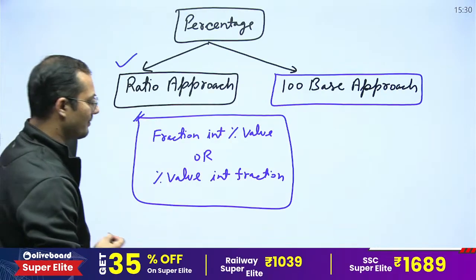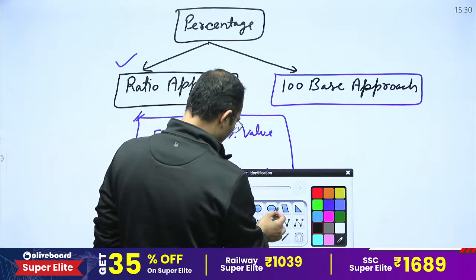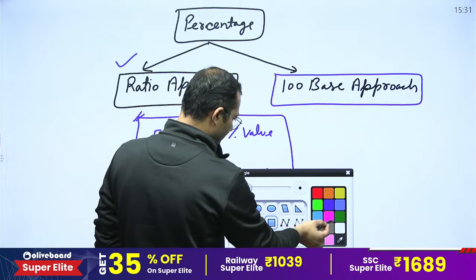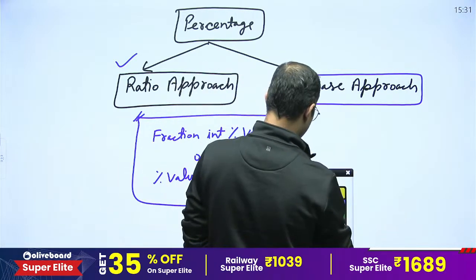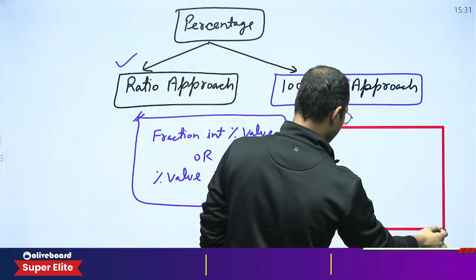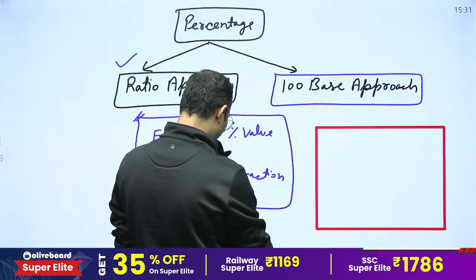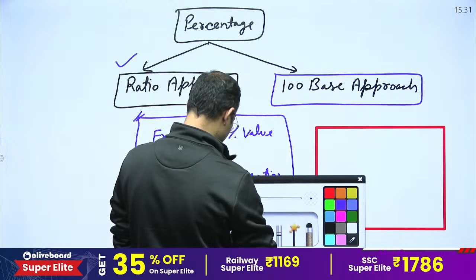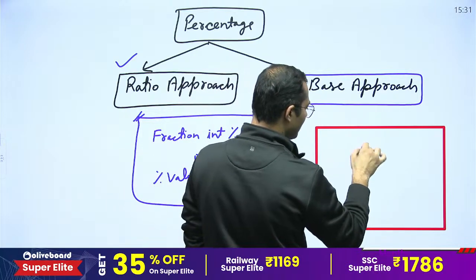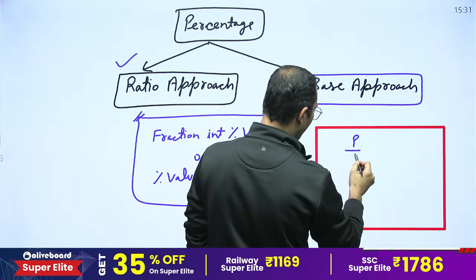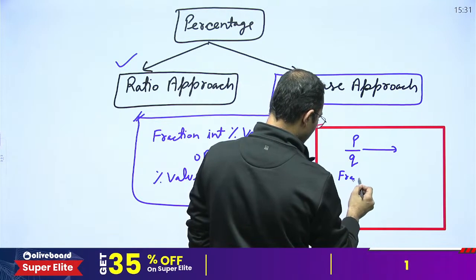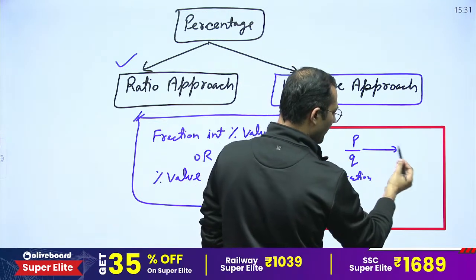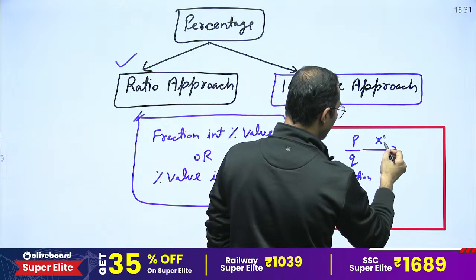And another important point. See, if we have to place a percentage value, if there is any fraction p by q, so this is a fraction, and we have to convert it into a percentage value, so we will multiply it by 100, right?